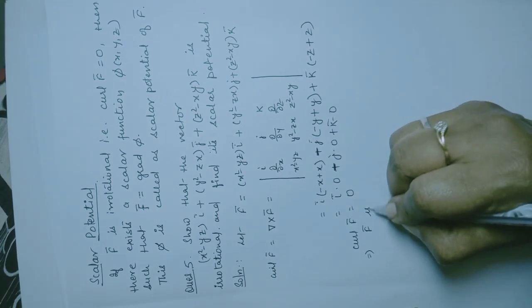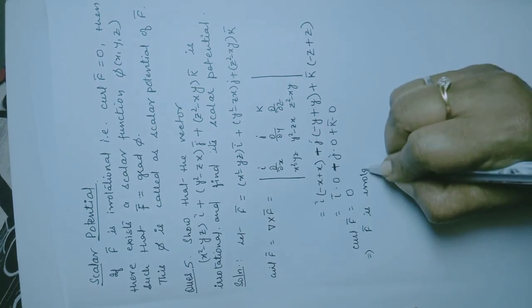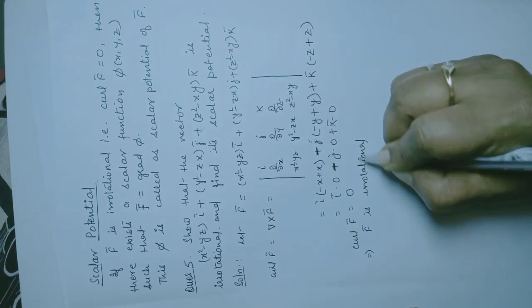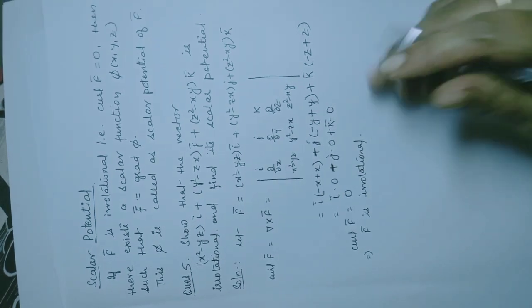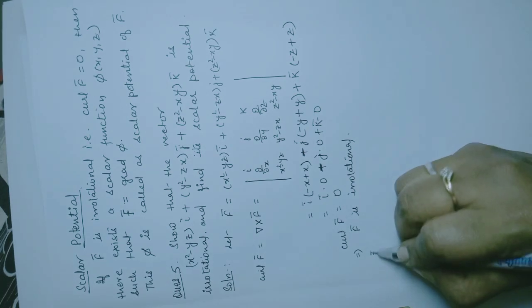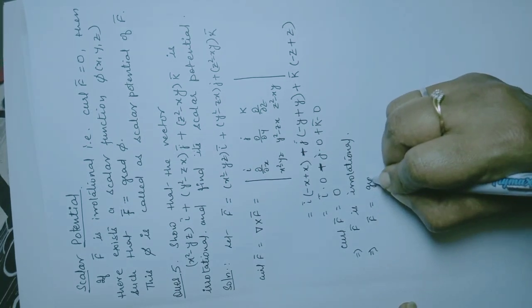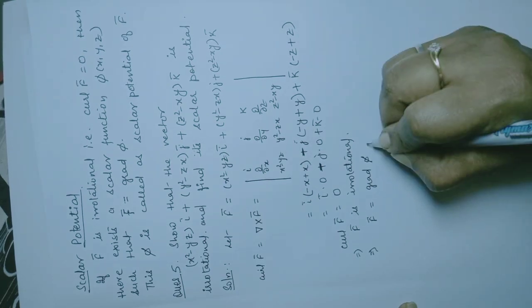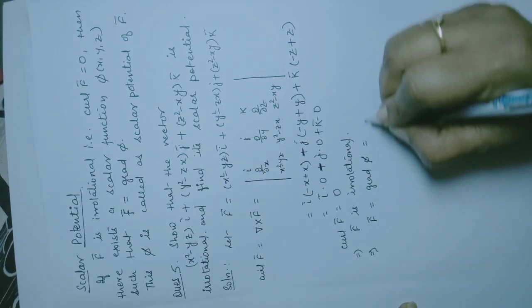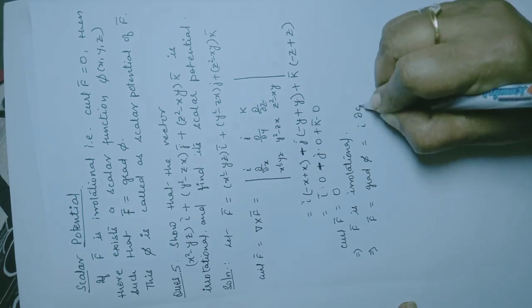That means the vector f is irrotational, and if it is irrotational, then f can be represented as grad phi. And what is the value of grad phi?